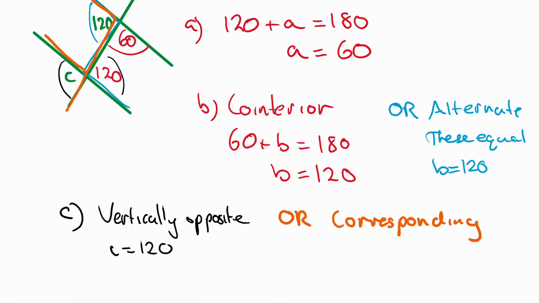With corresponding angles, they're equal. So C equals 120. Multiple ways of getting to different answers, and it's okay to find which way you prefer or which way you see first and then go with that.